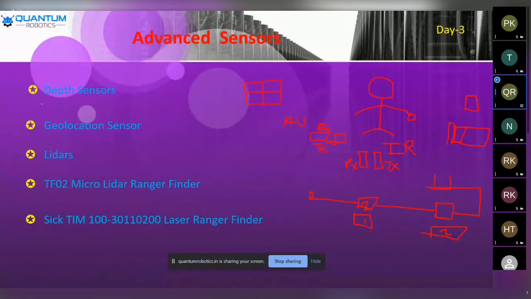Now, these are all the basic sensors, and if we go with the advanced sensors, here we can learn the depth sensor.